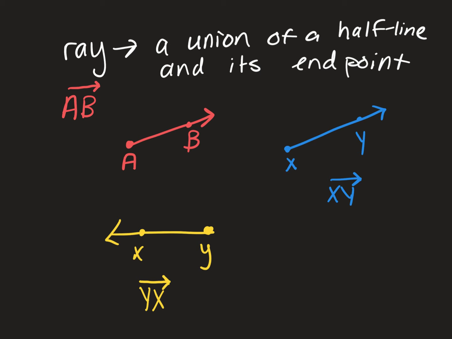Okay, so the next part I want to talk about is the word between. I know that sounds like fairly common sense, but it gets a little bit more specific in math. In order for something to be between two points, it has to be on one line.